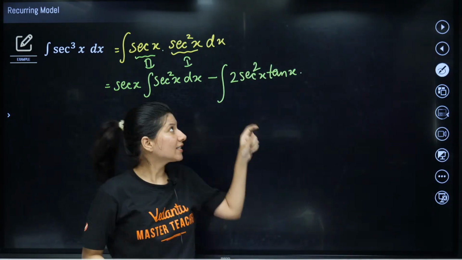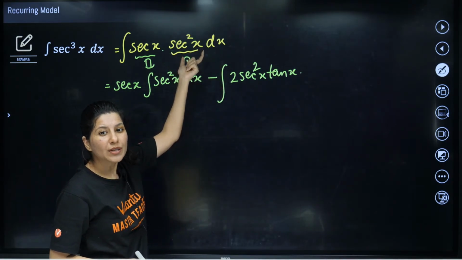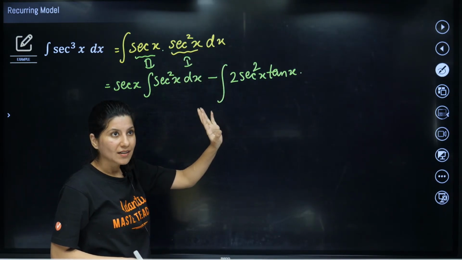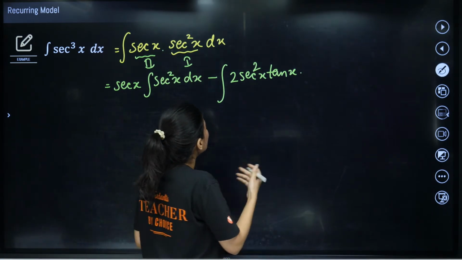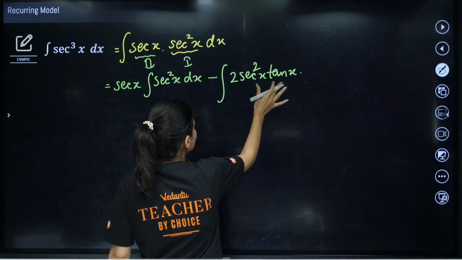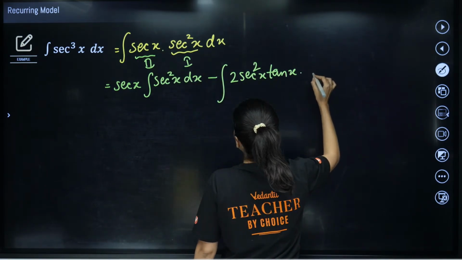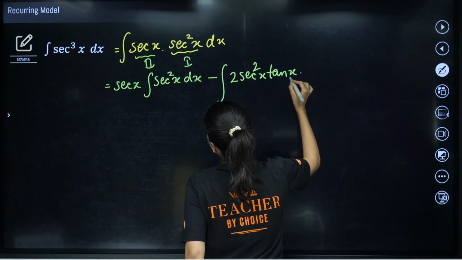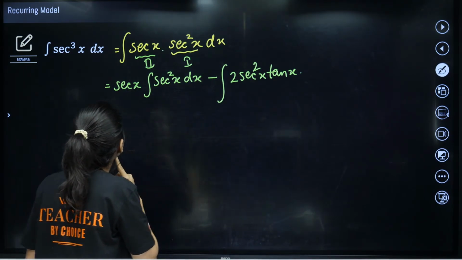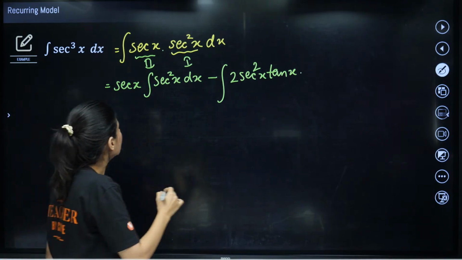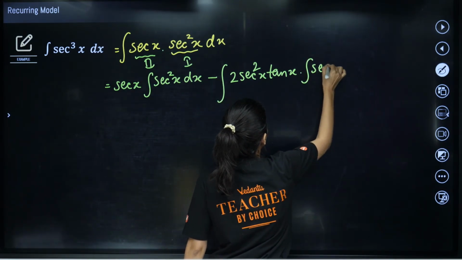Understanding? So sec square x ka differentiation, how will you do? Tell me. Ma'am, 2 sec x. Then sec x ka again differentiation we have to do, sec x tan x. And so first function ka differentiation done. Second ka integration will be integral of sec x.